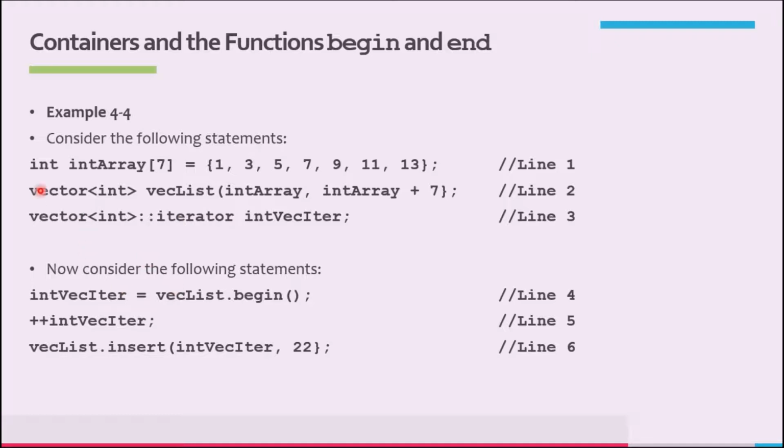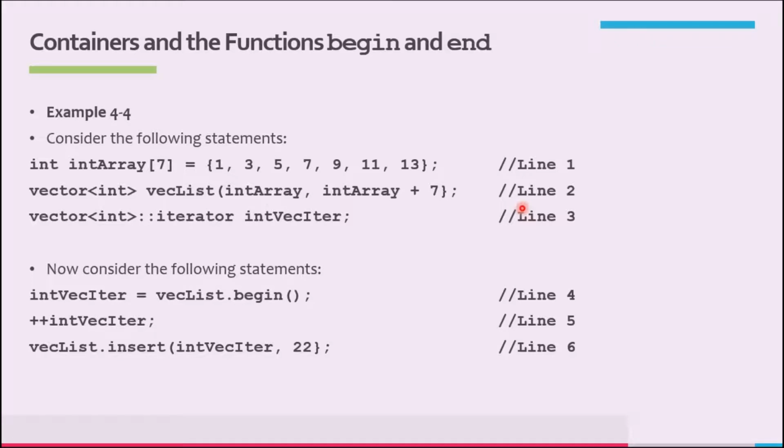All right, so take a look at example 4-4 here. int array[7] with the values 1, 3, 5, 7, 9, 11, and 13. Now vector<int> vecList(array, array + 7); the statement in line 2 declares and initializes the vector container vecList.